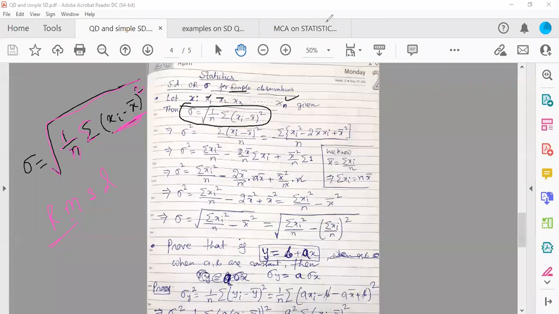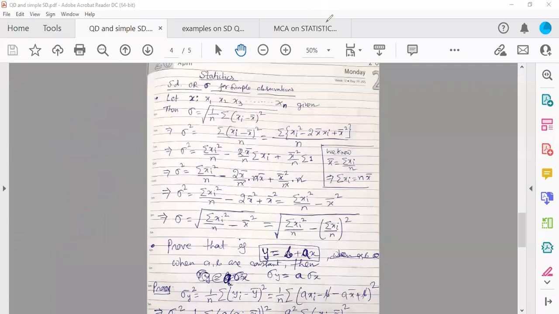Now, without proof, we introduce the shortcut formula for the standard deviation: sigma is equal to square root of summation x square by n minus x bar, arithmetic mean, whole square. I already explained in the last class that when we try to find the QD, we require Q1 and Q3, some measurement of central tendency.